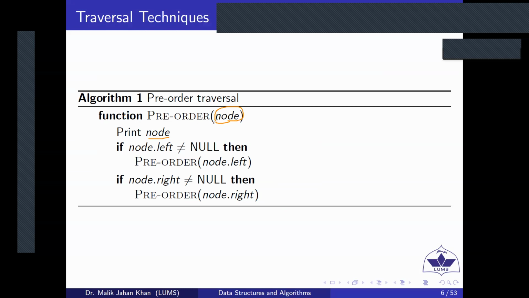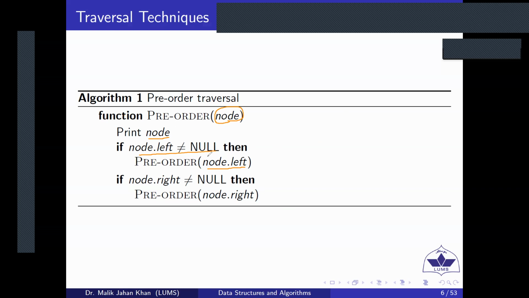And once the node has been printed, it checks whether it has a left child. So we check that node.left is not null. If it is not null, we call the same function on node.left. So this is a recursive approach. We're calling the same function on node.left, and the same thing happens for the left subtree.